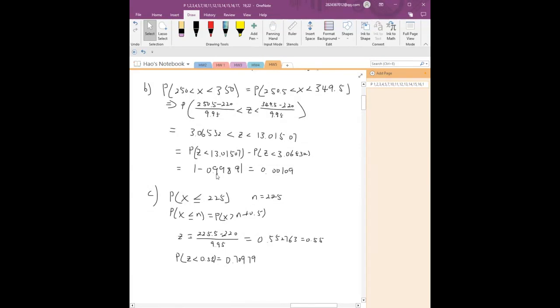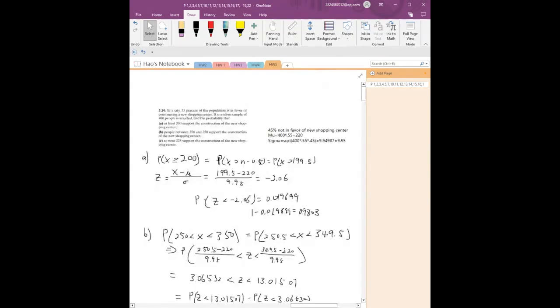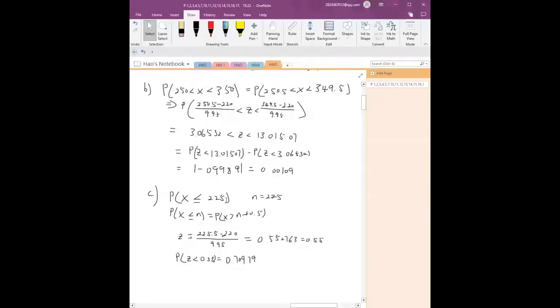The 13 will be like 1, and this is the z-score for this one, to get 0.001. And then for C, you're finding at most 225. Just do the same thing as the previous one, and then find the z-score of 0.55 to get 0.670979.